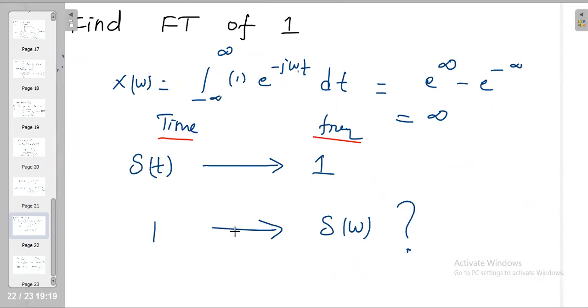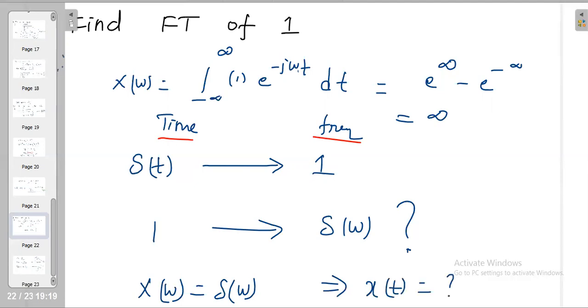So now I will take x of omega as del tau for a moment. Say, for example, I am in the frequency domain and I am having del tau. I do not know the exact value, but I'm just assuming. Then what is its corresponding equivalent in the time domain that I am going to calculate now?